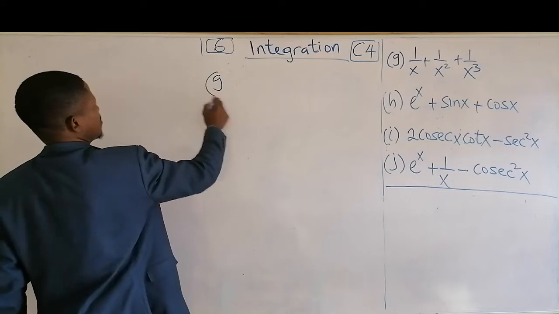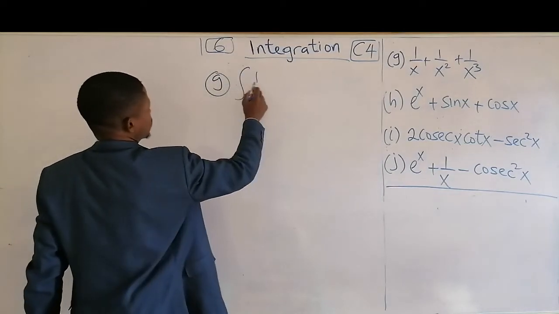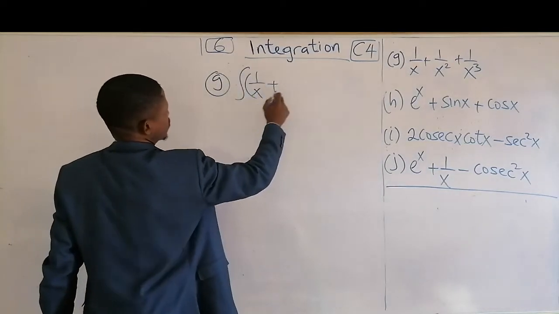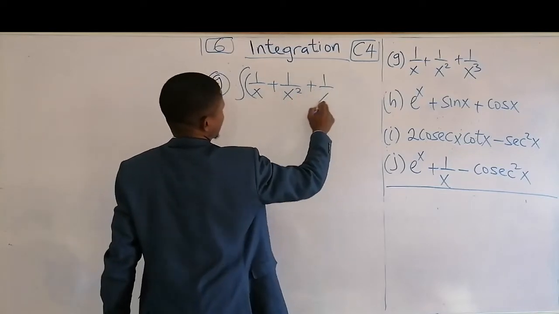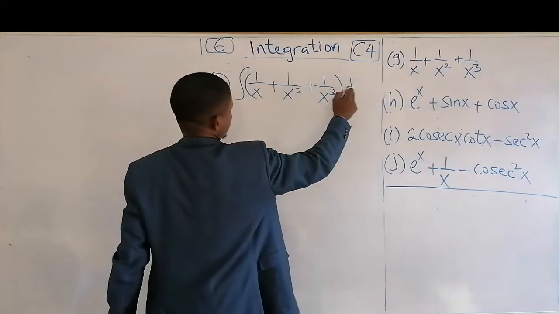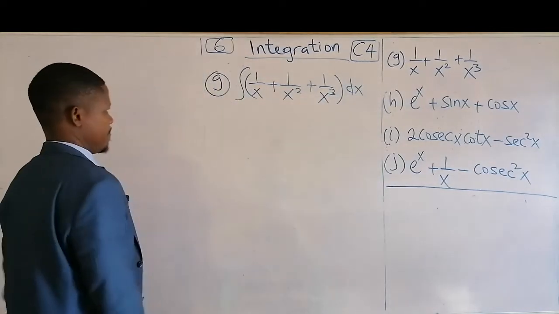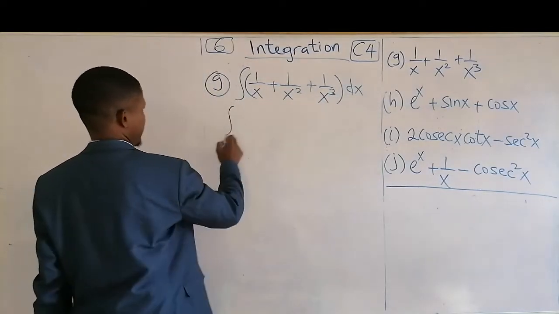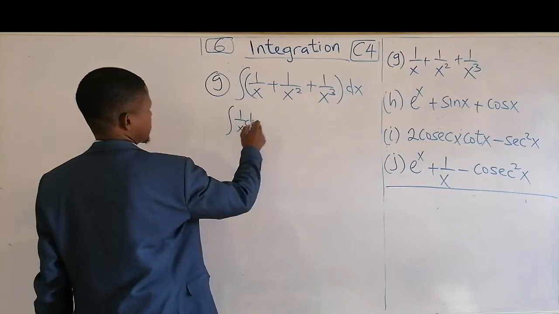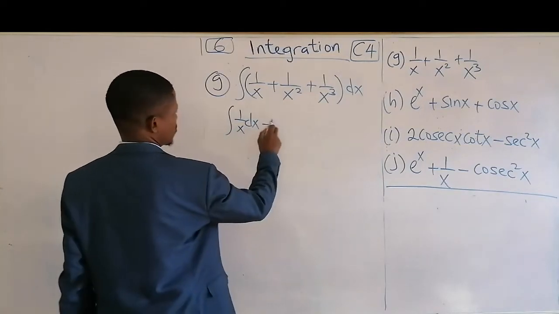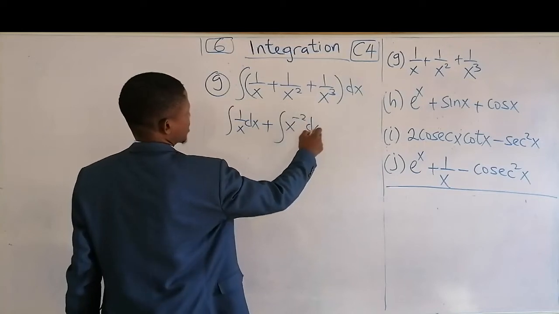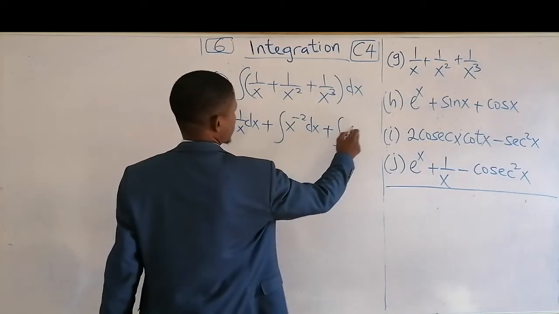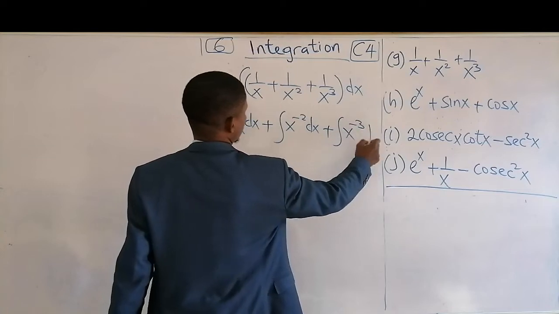For the g part, integral of this function 1 over x plus 1 over x squared plus 1 over x cubed dx. This will be integral of 1 over x dx, plus integral of x to the power minus 2 dx plus integral of x to the power minus 3 dx.